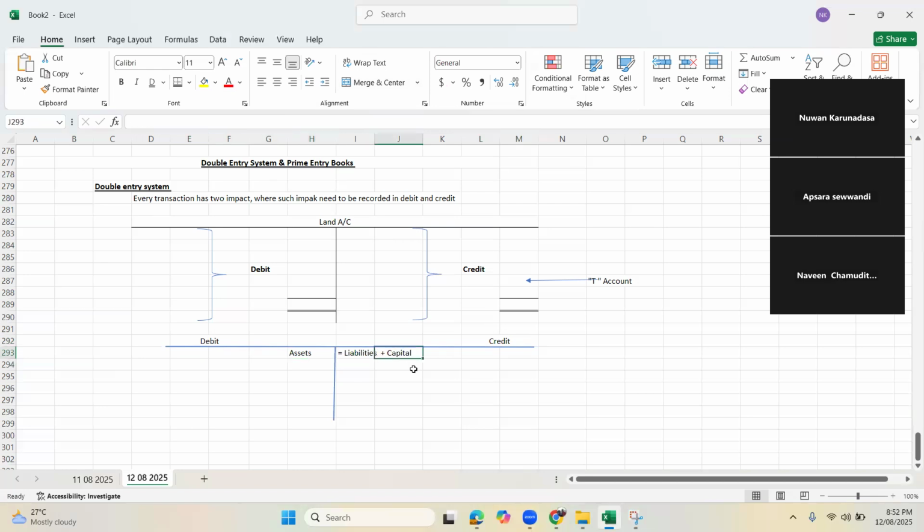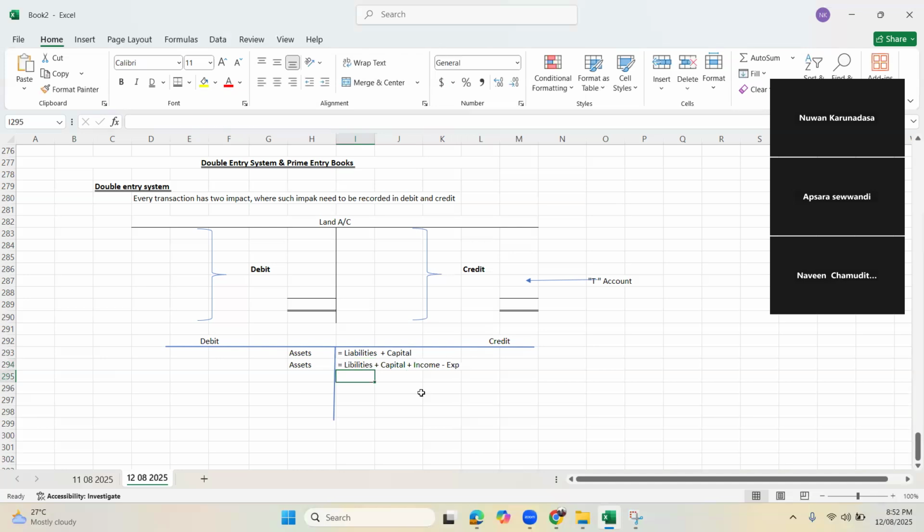Liability increase and capital increase are on the credit. If you expand the same here, assets equal liabilities plus capital, and we have learned two more: plus income, minus expense.